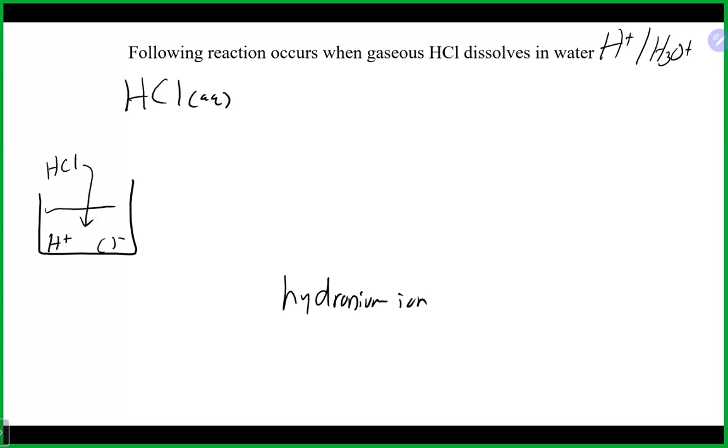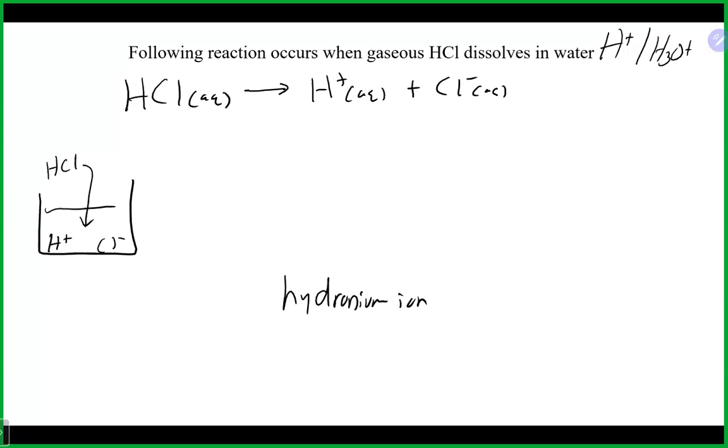To represent that process in water, it is perfectly acceptable, and done a lot, to just write the reaction like so. This is showing the strong acid dissociating, or breaking apart, in water into its ions like a strong electrolyte.